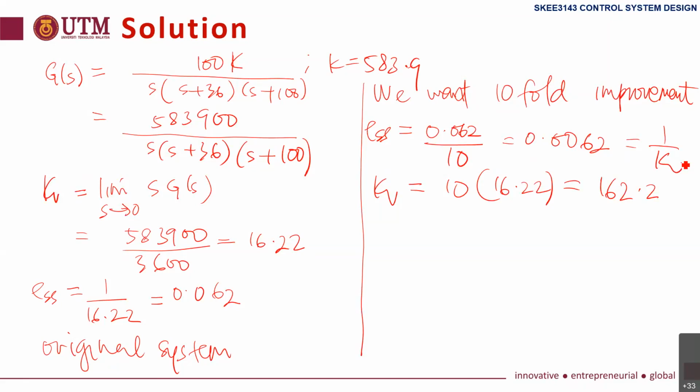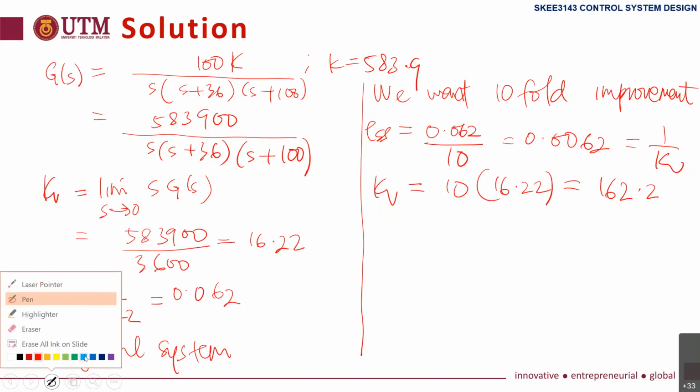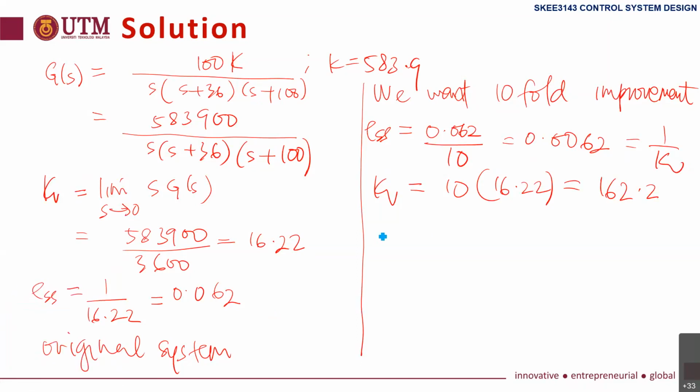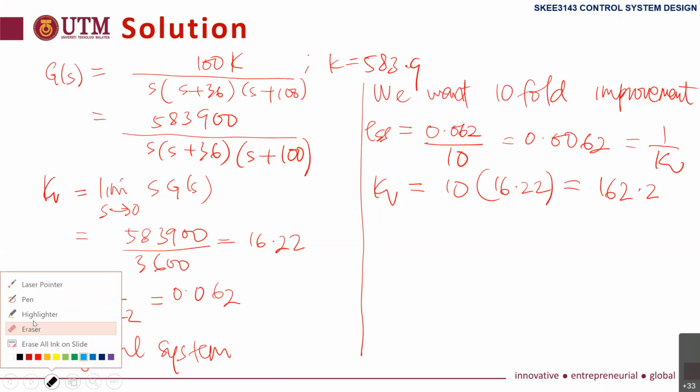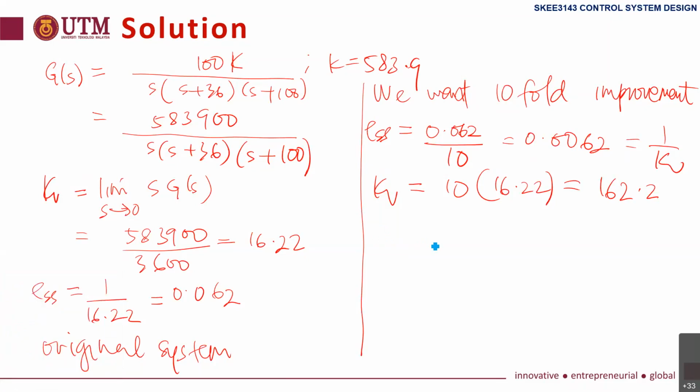In order to achieve the desired Kv, we can calculate a new K. Let's say I calculate Kv using the limit.